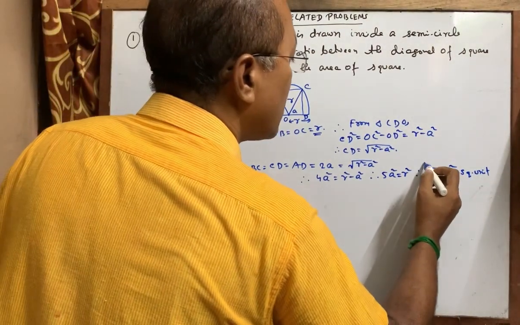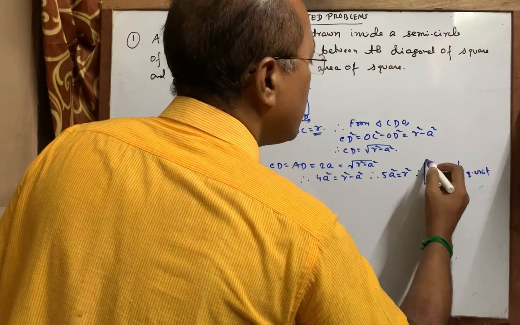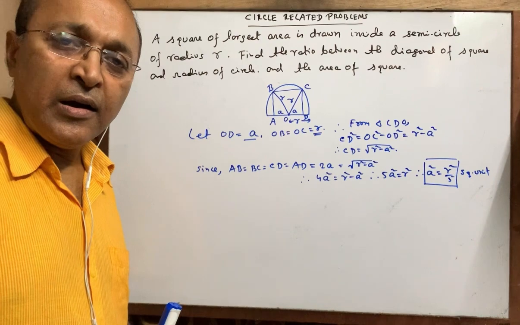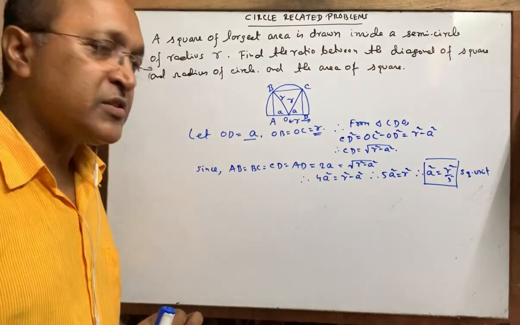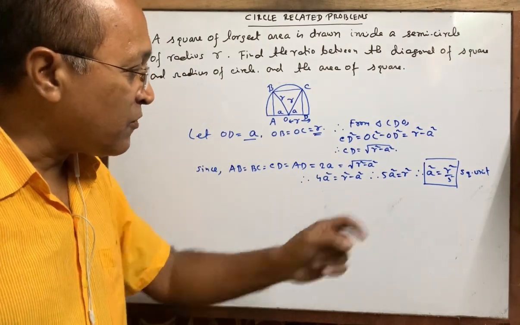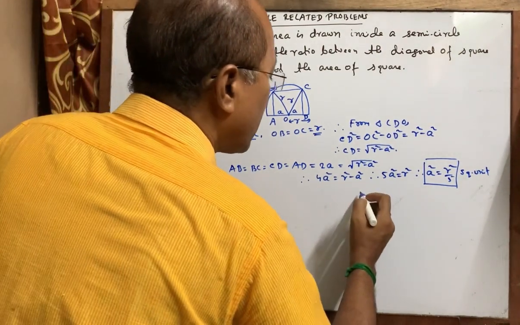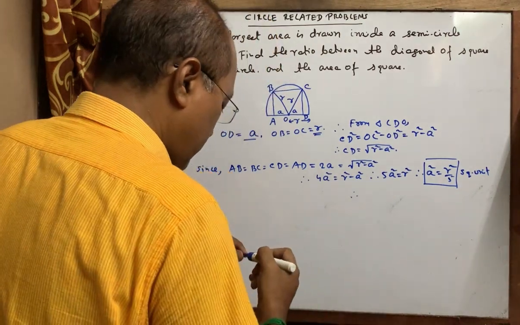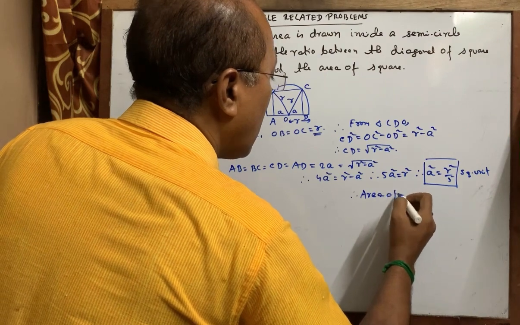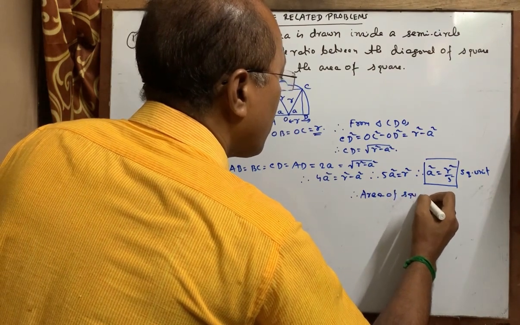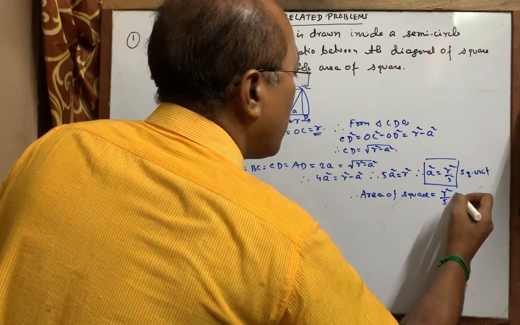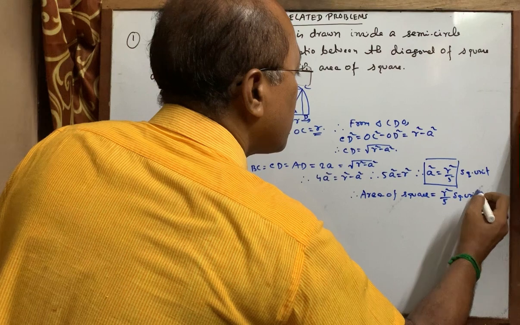Since the only data given here is the radius of the semicircle, which is R, therefore you can write area of square is equal to R square by 5 square unit.